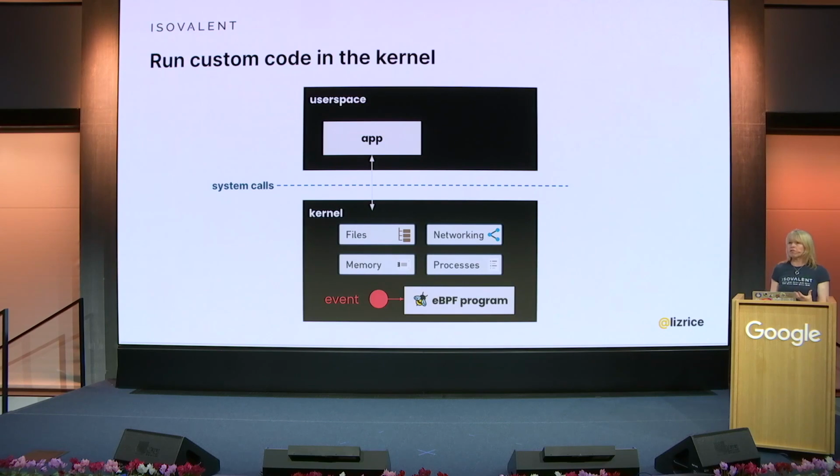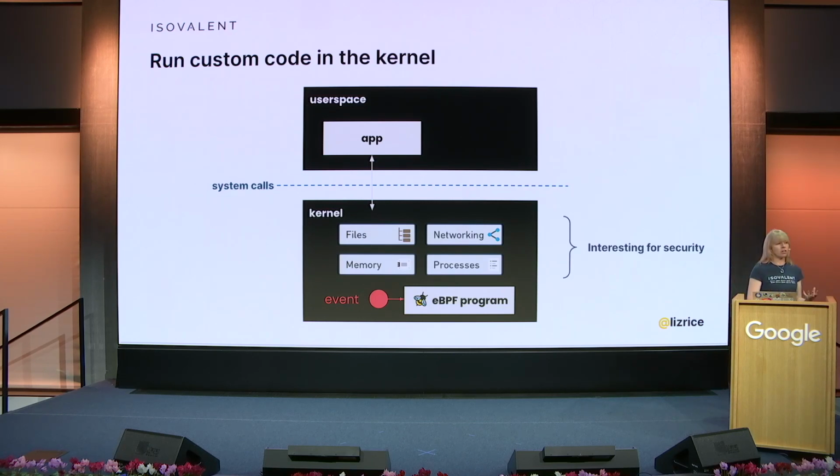And with eBPF, we can attach custom programs to events, arbitrary events, pretty much anything that's happening on the machine. We can attach an eBPF program to that event and do something interesting. Things like accessing files and sending network messages and changing privileges and reading and writing to memory are all the kinds of things that are interesting from a security perspective.